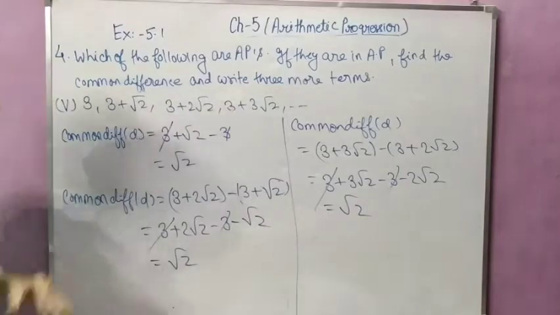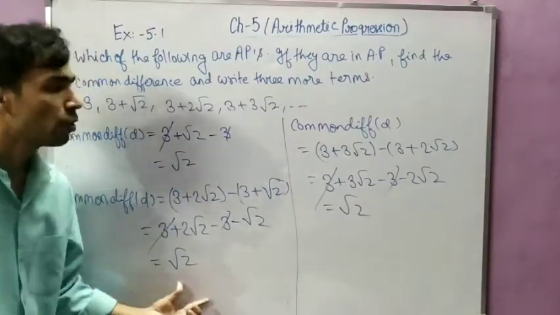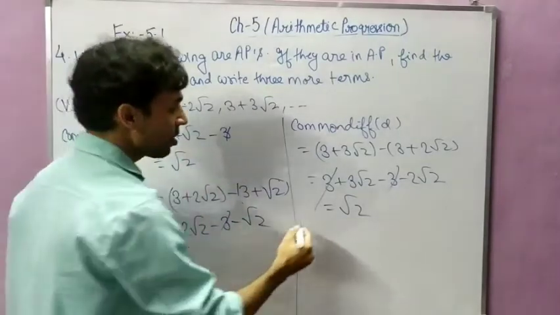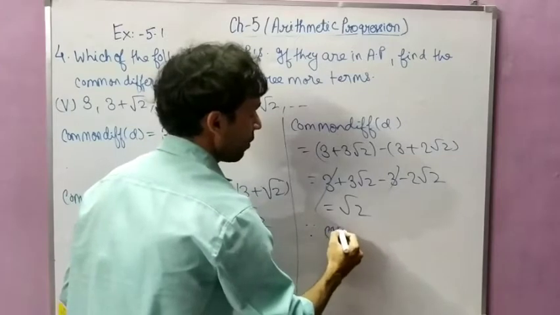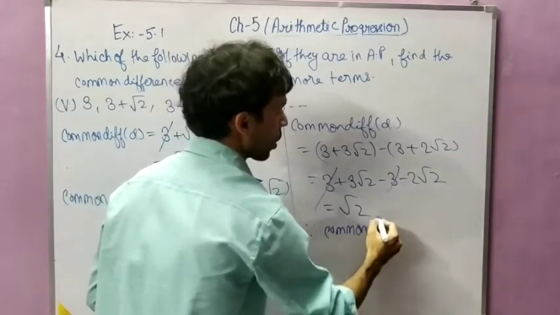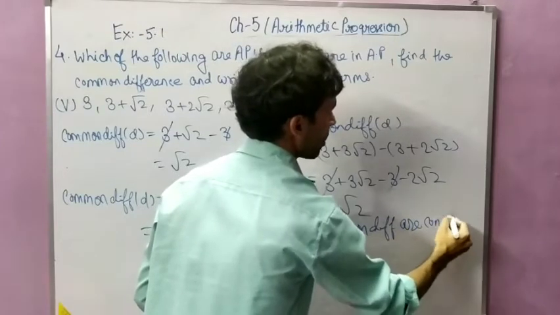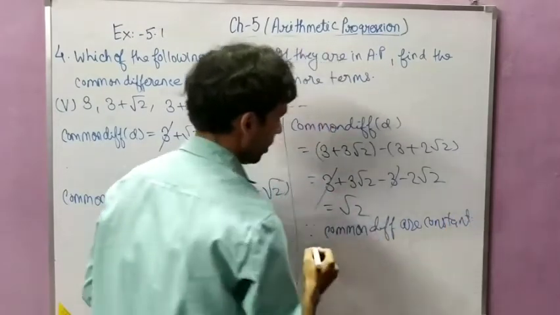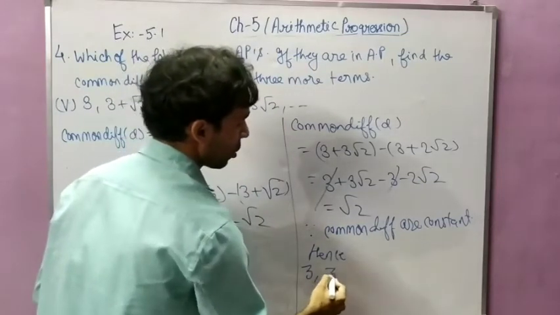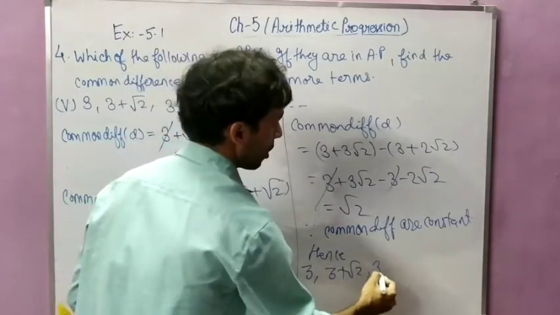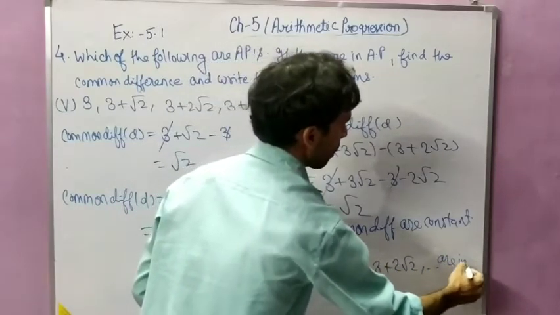So student, in each case the common difference is the same. Here it is root 2, here also root 2, here also root 2. It means that because the common difference is constant, hence 3, 3 plus root 2, 3 plus 2 root 2 and so on are in AP.